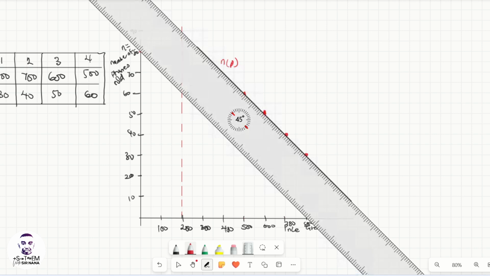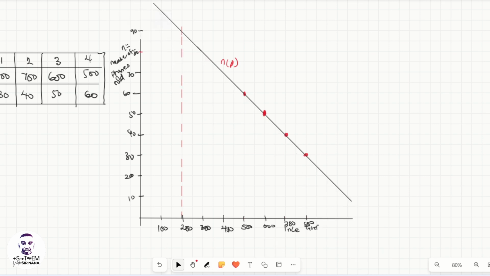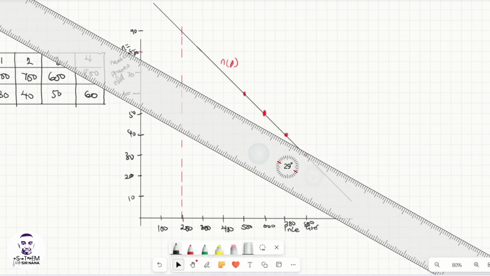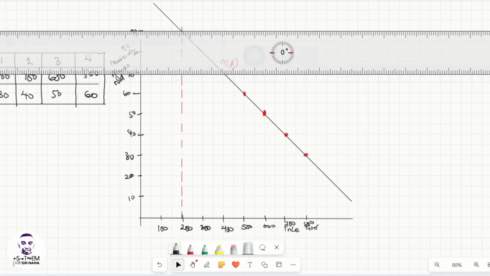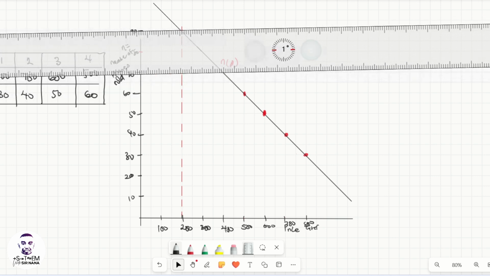We'll be able to trace from where the 200 is on the graph onto the number of phones. When we trace it using the ruler, we can see that it traces to the 90. So graphically, we can see the trace to the 90.